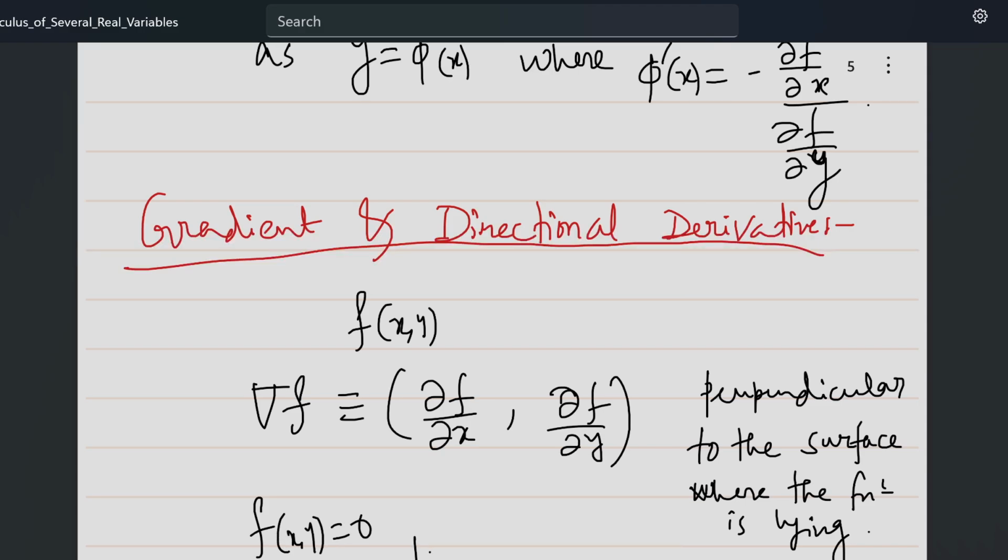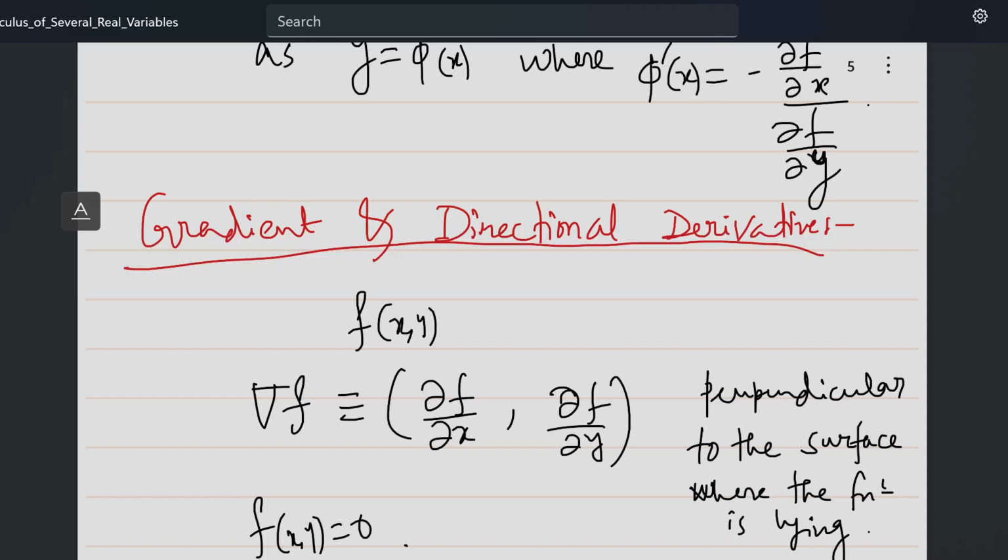What you will do is find grad f by mod grad f. That is the outward normal. So you have to find grad f by mod grad f to solve any problem, for example integral problems.